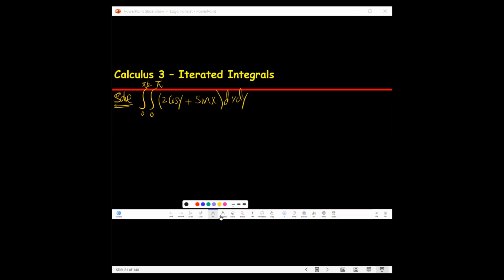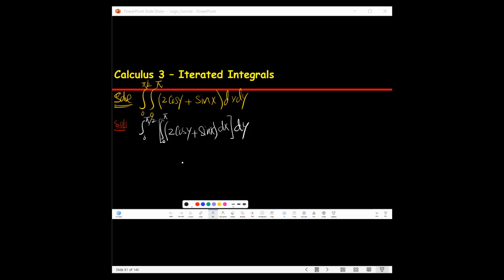So first, I'm going to write the 0 to pi outside, and then take the parenthesis and write like this, 2 cos y plus sine x, then dy.